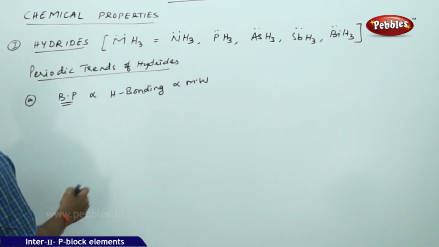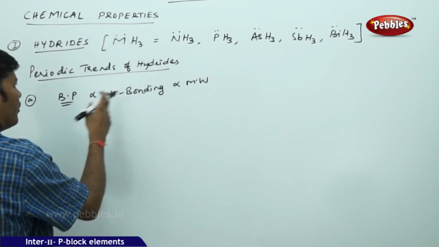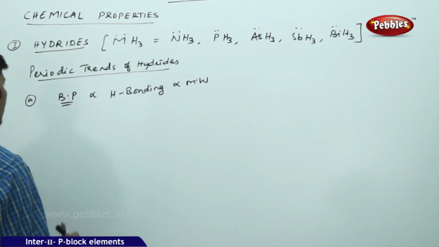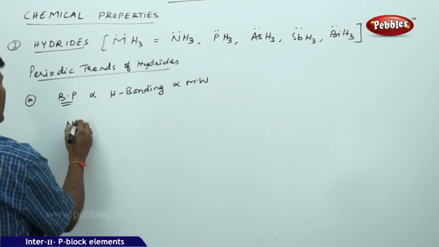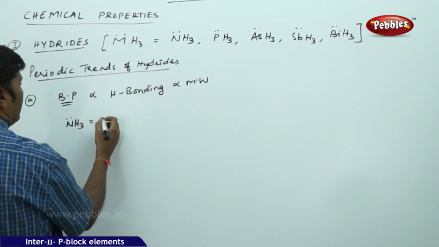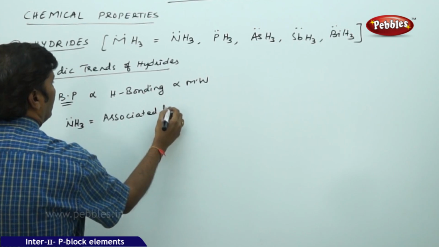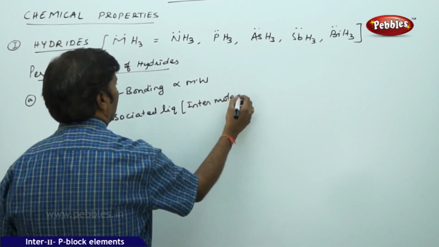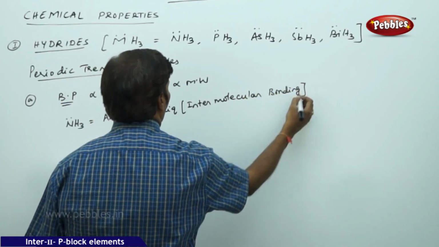But in general, because the ammonia molecule has hydrogen bonding, the boiling point increases with the increase in molecular weight of the hydride. One important point to note here is that ammonia is an associated liquid because it has intermolecular hydrogen bonding.